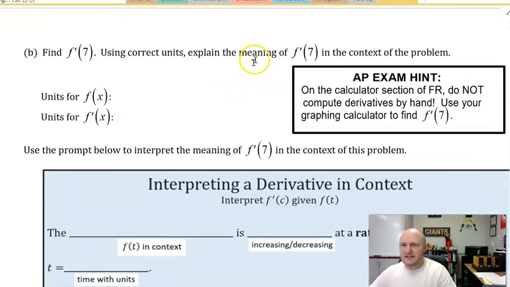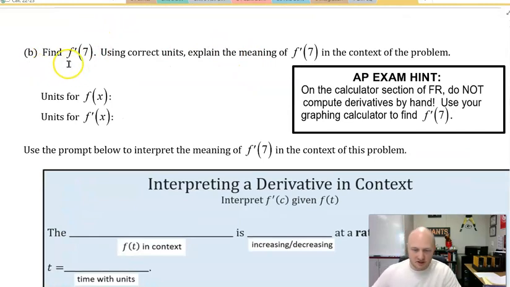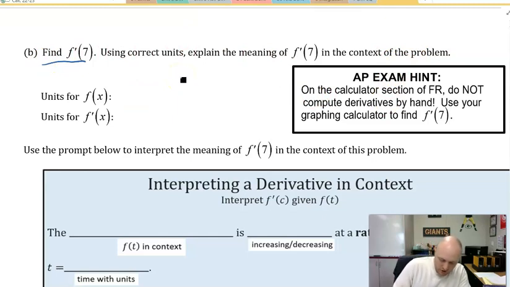It says find f prime of 7. There's task 1. Find f prime of 7. Using correct units, explain the meaning of f prime of 7 in the context of the problem. Okay, so again, the units for f of x were pounds per hour. So if I want the derivative of that, that's going to be pounds per hour squared. So that's something to keep in mind here, okay?